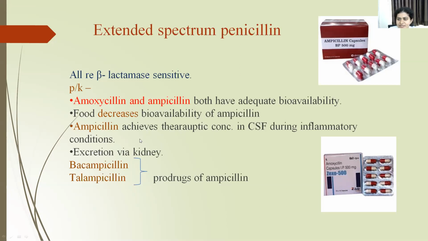So whenever there is a meningitis infection, you can give ampicillin. It will go and achieve its therapeutic concentration in CSF. Excretion is through the kidney. The other drugs, bacampicillin and talampicillin, are prodrugs of ampicillin.